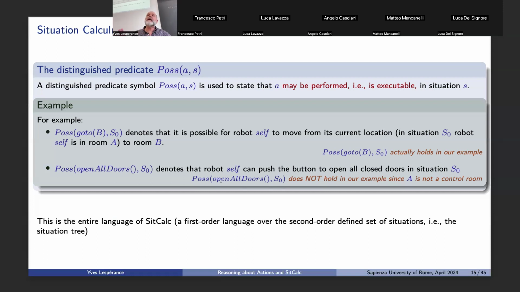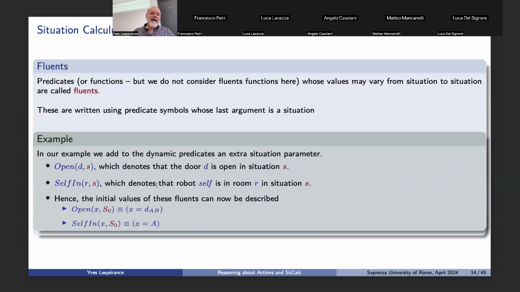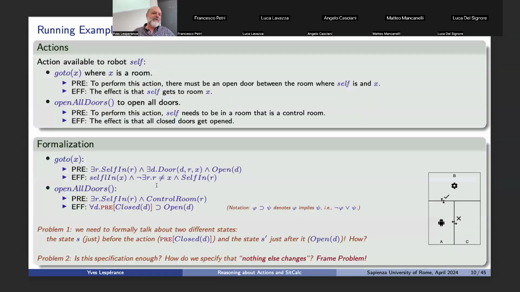Poss go to C, S0, should that be true or false? False, because the door is closed. Poss go to A, S0, should that be true? Intuitively it should be false, and here it turns out to be false. Why?